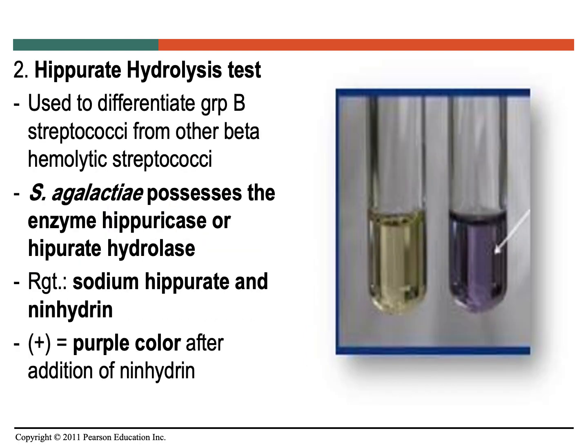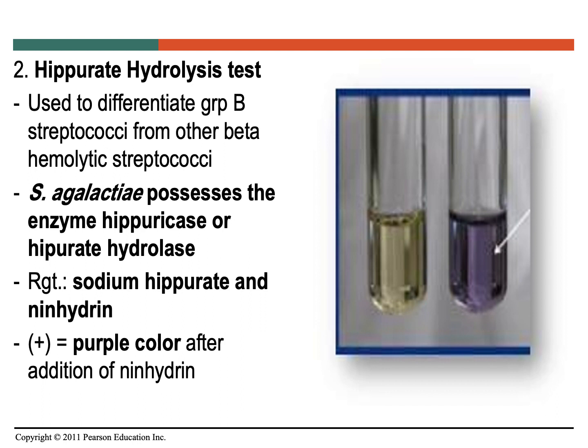Another test is the hippurate hydrolysis test. This is used to differentiate group B from other beta hemolytic streptococci. Streptococcus agalactiae possesses the enzyme hippurate hydrolase, so group B Streptococcus is positive for hippurate hydrolysis test.